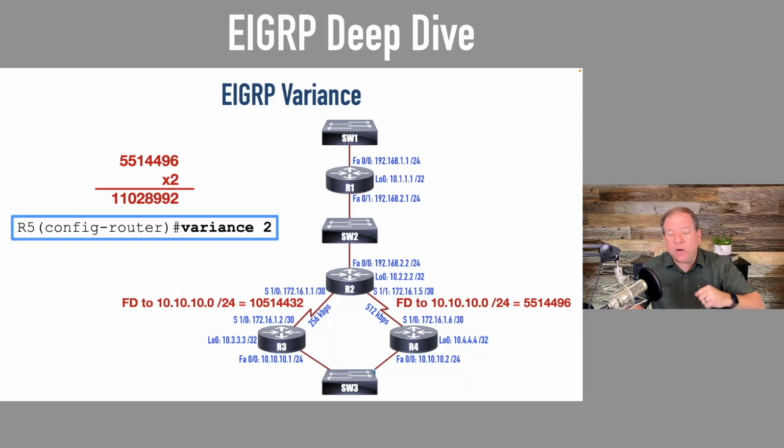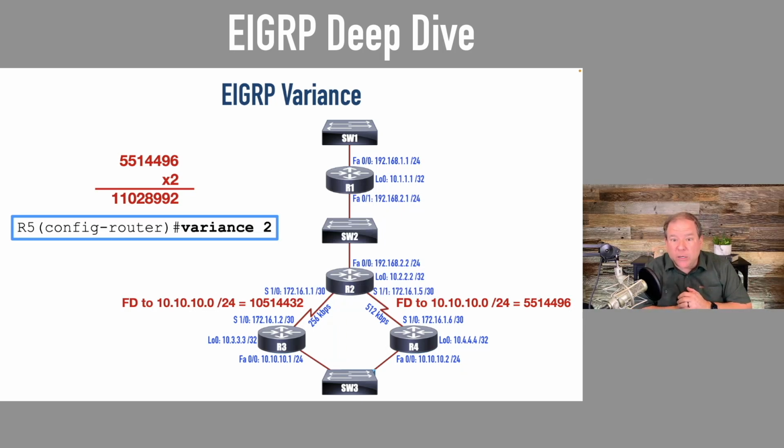However, if I wanted to use R3 some and not just let it sit there dormant, waiting for R4 to fail, what I could do is add the feature of variance. I say variance 2 in this example, and when I say variance 2, I'm saying take that feasible distance of my successor route, which is about 5.5 million, multiply it by 2. And if I multiply 5.5 million by 2, that gives me around 11 million.